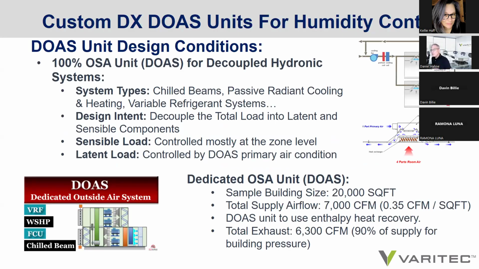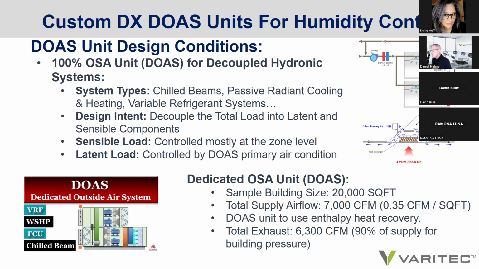So let's look at a DOAS unit and its design condition. We're going to actually use for chill beam systems a strategy with regard to the total load, and the total load will be decoupled into its latent and sensible components.